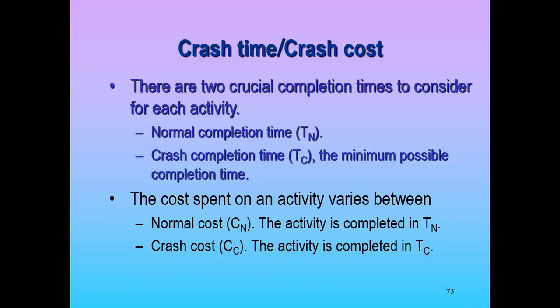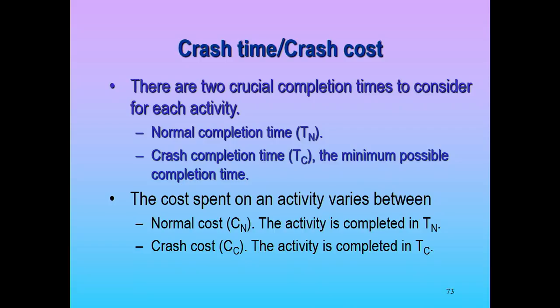A day is worth a day. If there are two activities you can crash, and they're both on the critical path, they're both equal in weight as far as what it buys you in the project. But one costs $1,000 to crash a day, and one costs $500 to crash a day, where are you going to spend that money? The $500 per day, right?